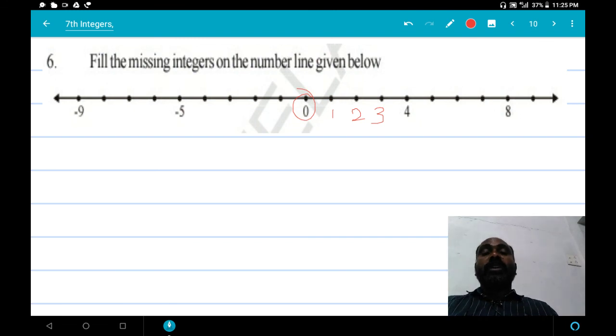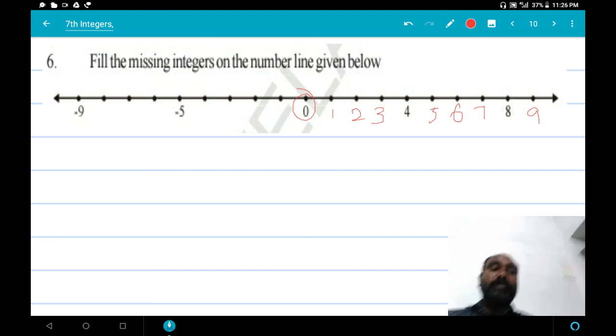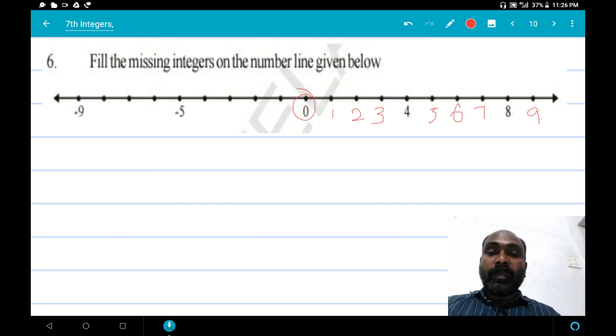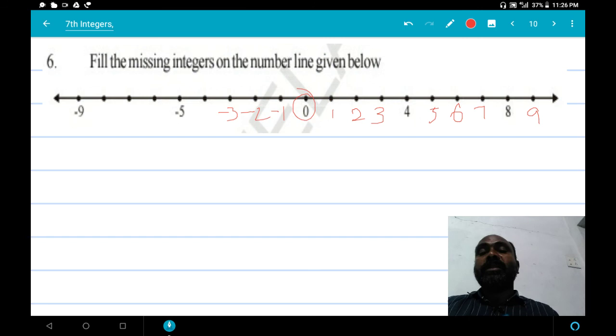Next, 5, 6, 7, 8, 9. On the negative side, the left side of 0, we have minus 1, minus 2, minus 3, minus 4. Here minus 5 is already there, then minus 6, minus 7, minus 8.